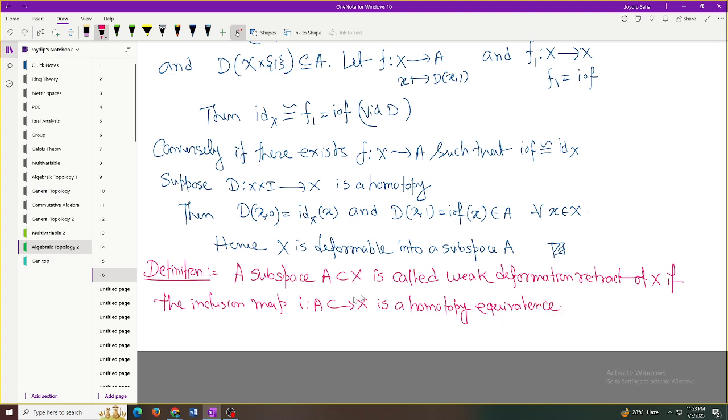So A and X have the same homotopy type and the inclusion map is a homotopy equivalence, not the. Okay.